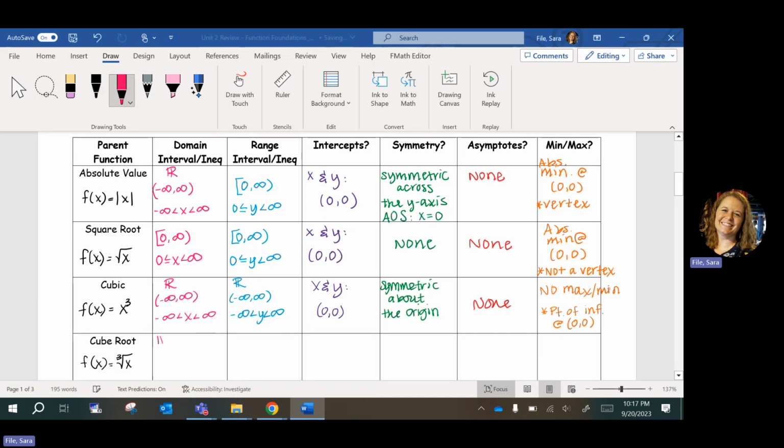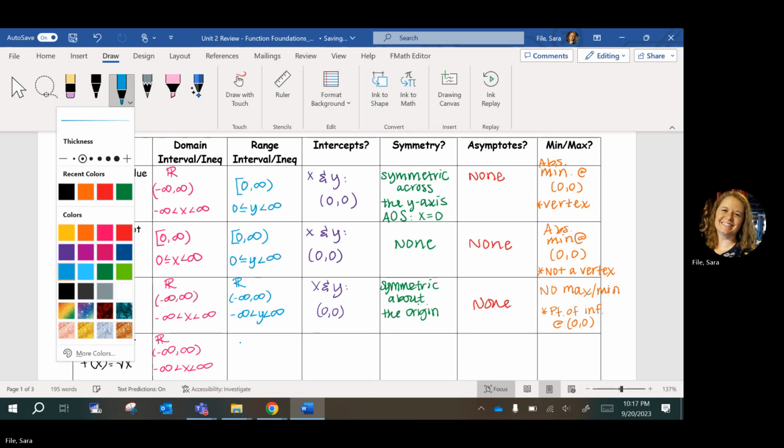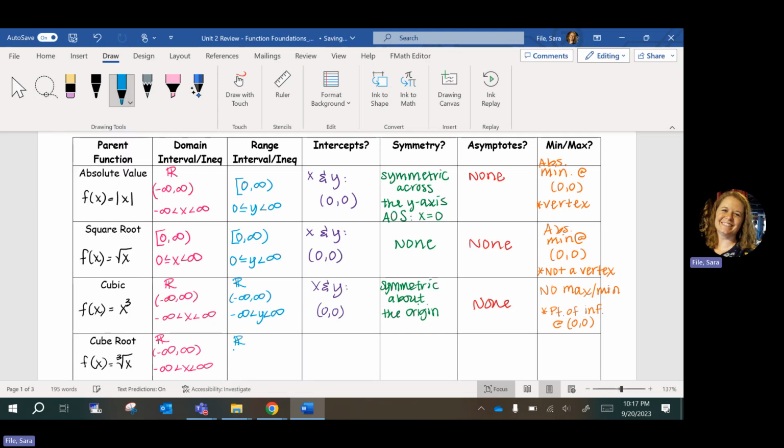So all real numbers, negative to positive infinity, for both your domain and your range, because that's left to right and low to high.